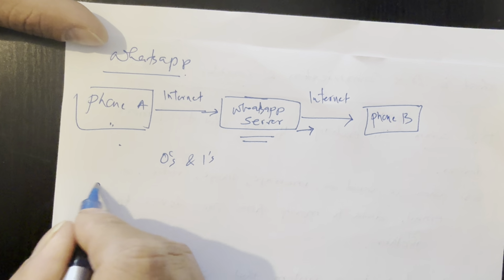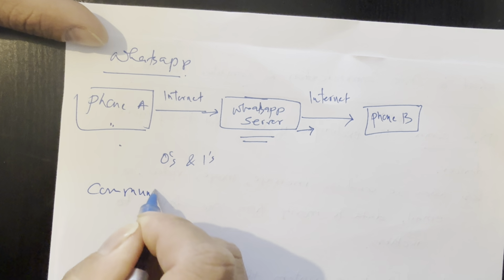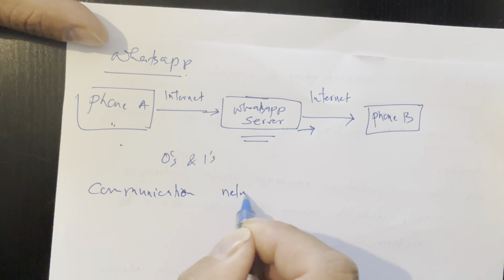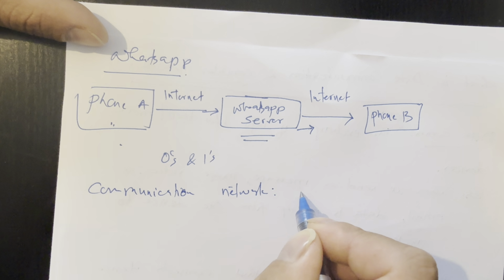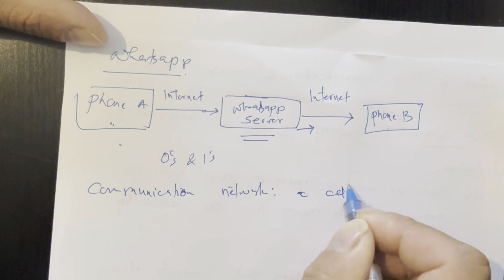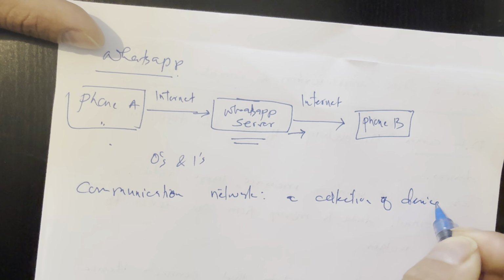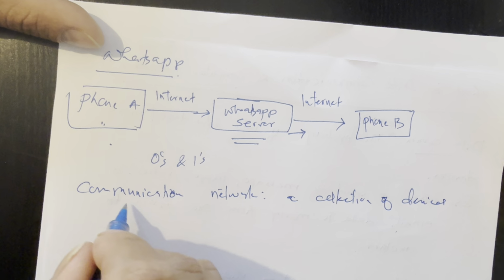And in a simple definition, a computer network is a collection of connected devices.